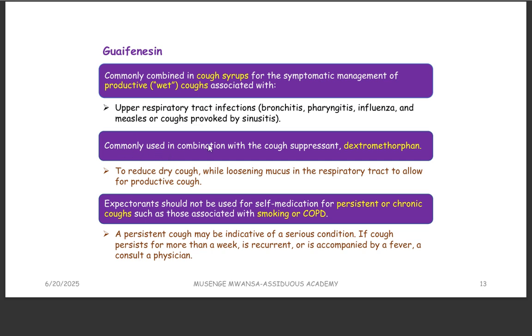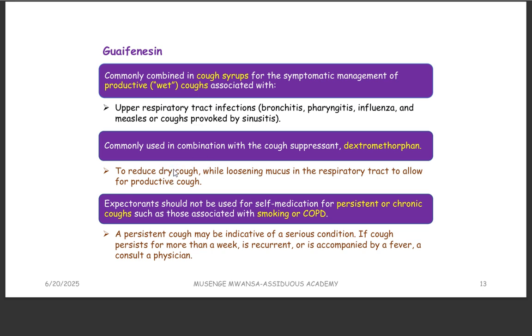It is also commonly used in combination with cough suppressants like dextromethorphan. Take note of dextromethorphan. This one suppresses cough, it stops cough. But remember the expectorants, these ones will basically increase the volume and then reduce viscosity. So why is it combined with a cough suppressant like dextromethorphan?